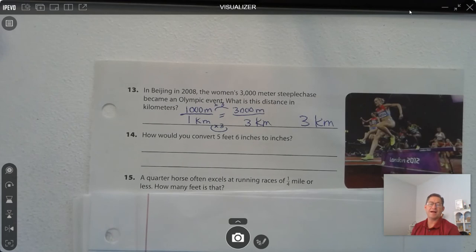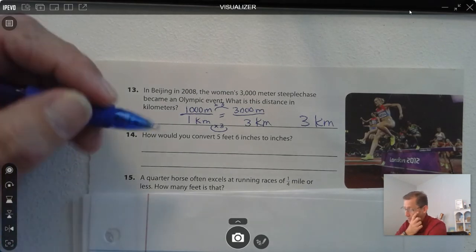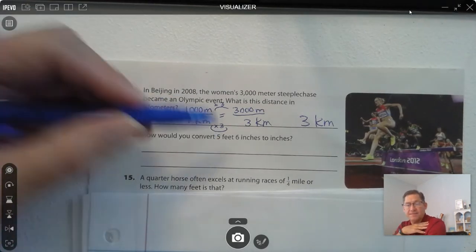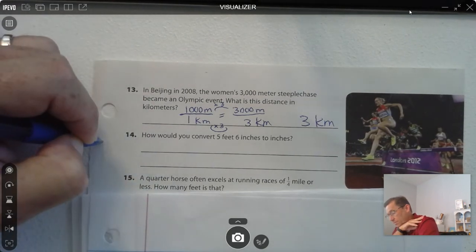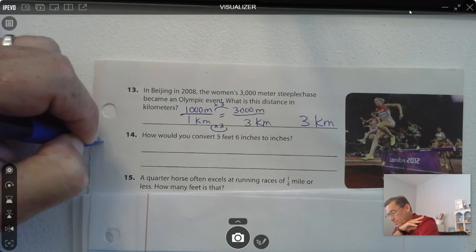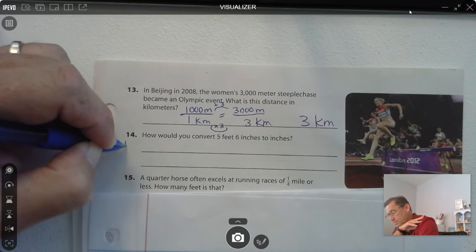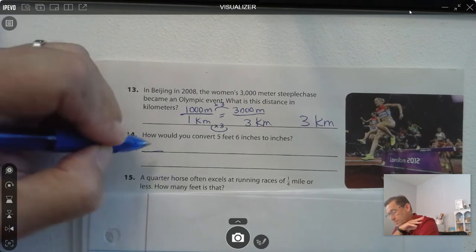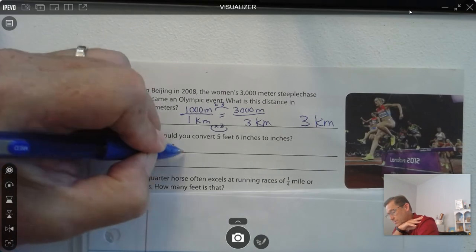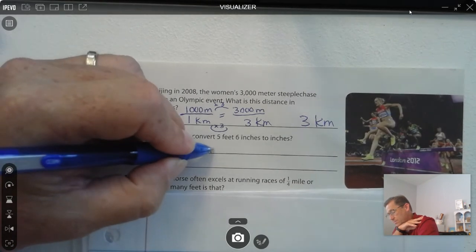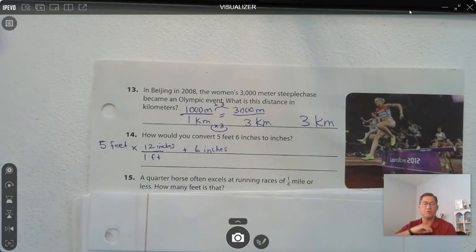All right, number 14. How would you convert 5 feet 6 inches to inches? Well, I would change 5 feet into inches. So that's what I would do.